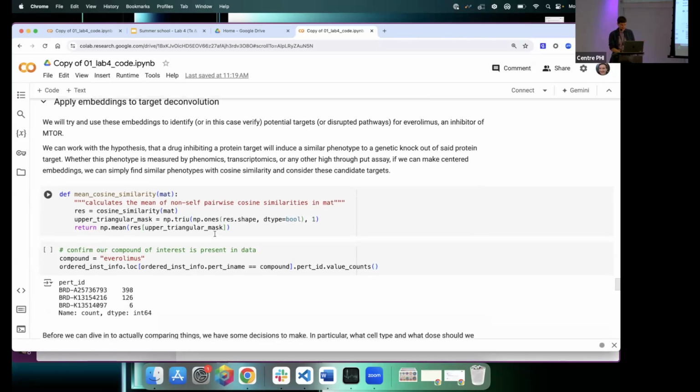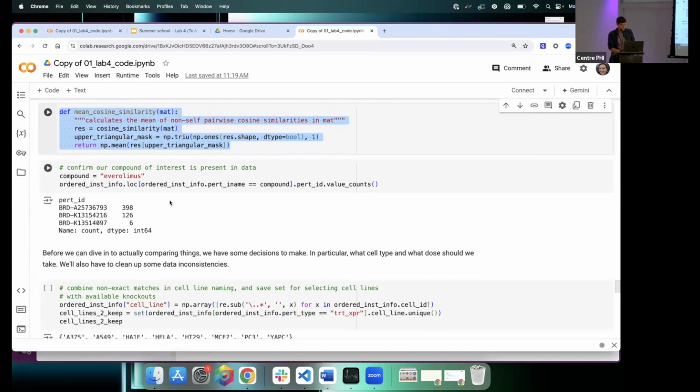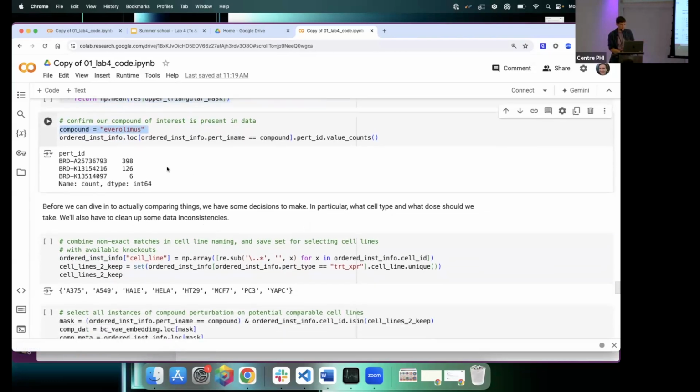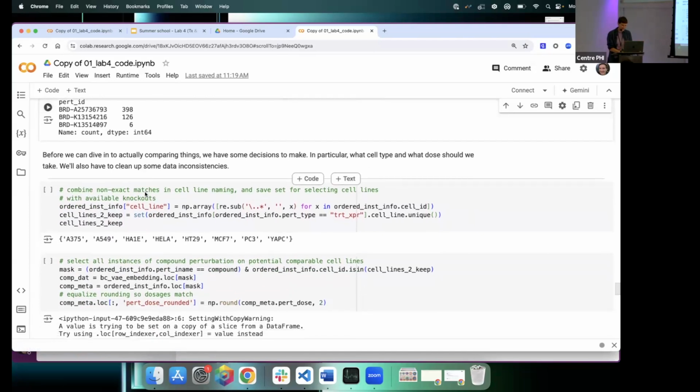So we're getting to this point. We're going to take cosine similarity as a metric. We're going to take our compound, check that our compound is in the data. Obviously, any compound you haven't measured isn't going to work with phenotypic measurements. You're going to have to go back to the modeling or get some friends who have a lab.